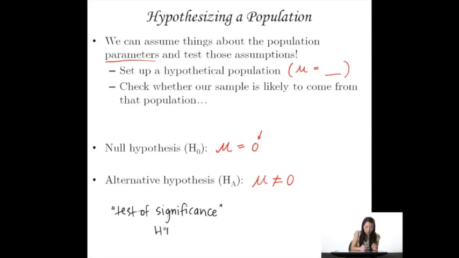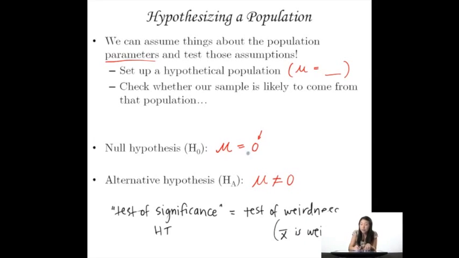Hypothesis testing, or the test of significance, really is a test of weirdness. It tests how weird the X bar is. So this is the question that it can answer: is the X bar weird?